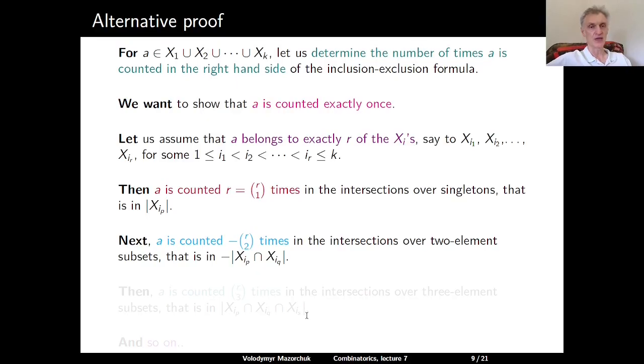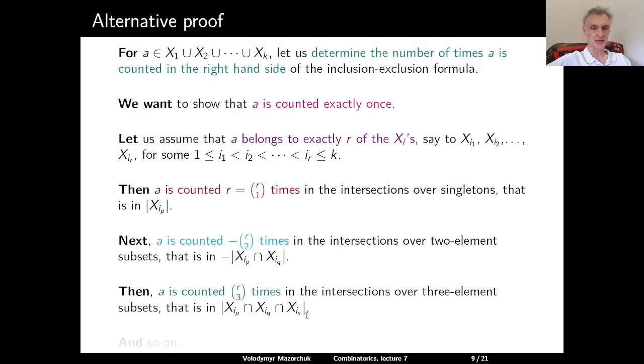When we take some x_{ip} and intersect with some x_{iq}, then a is counted there, and of course that intersection comes with the minus sign. So we get minus r choose 2 times from two-element intersections. Similarly, a is counted r choose 3 times in the three-element intersections, and so on.